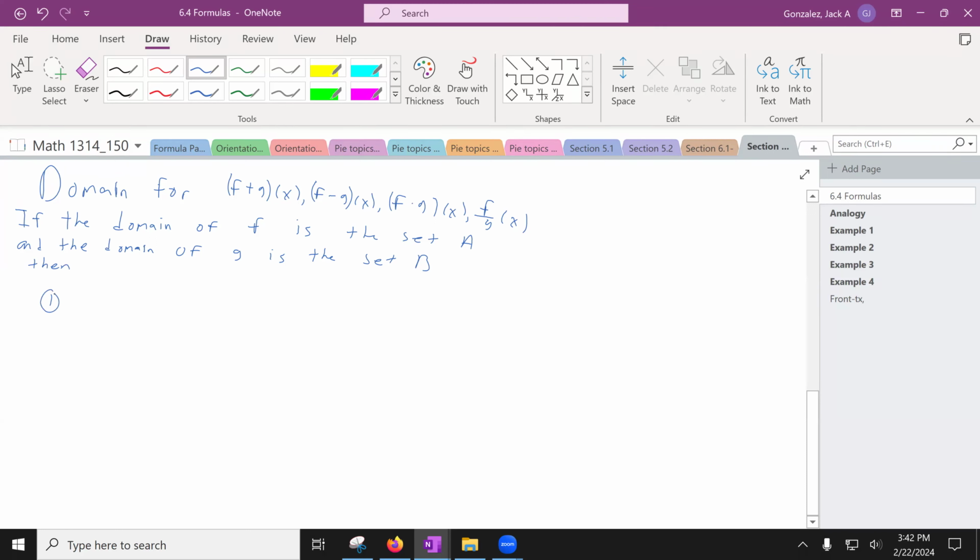One, the domain of F plus G is the intersection of A and B. The rest will be the same except for division.